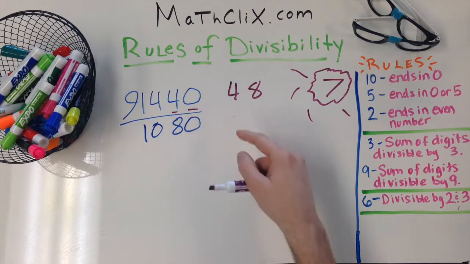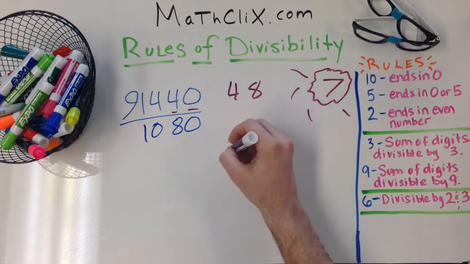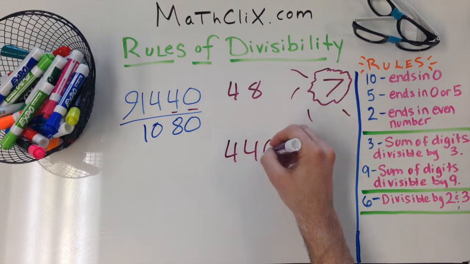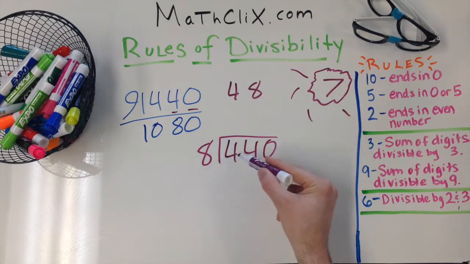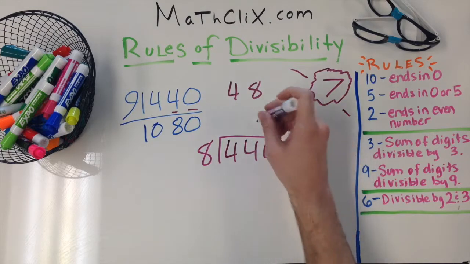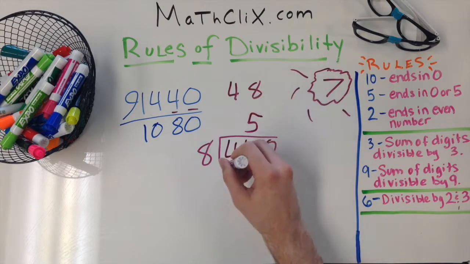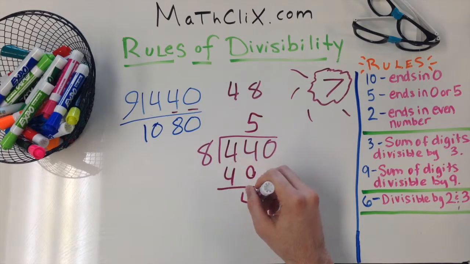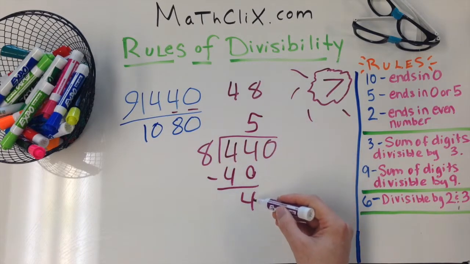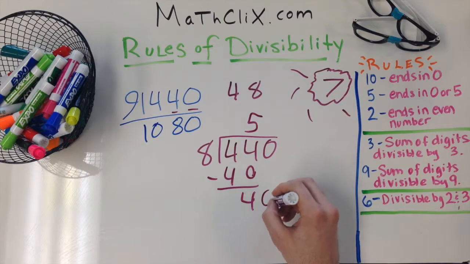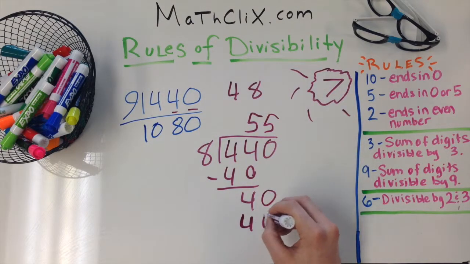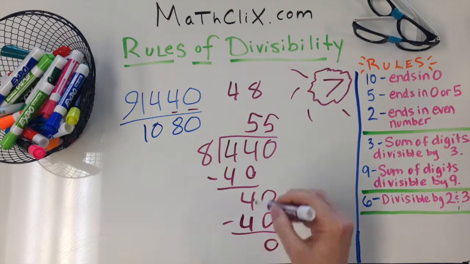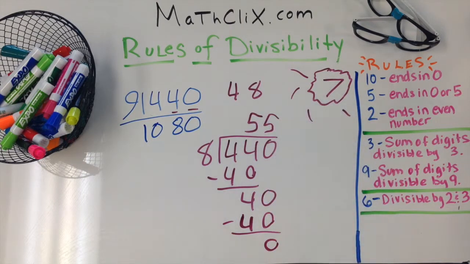So let's take 440. This one takes a little more work, where we probably will have to do our long division. 8 goes into 4 not once, so 44 5 times. 40, say 4 and carry the 0, and 5 again for an even 55.